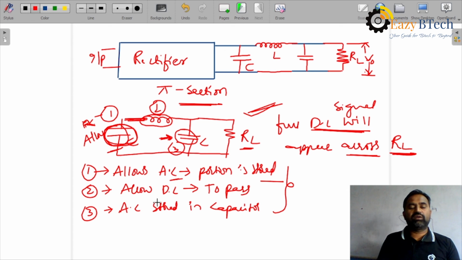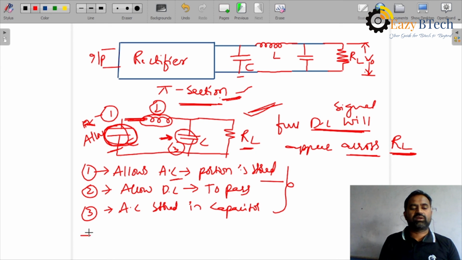Okay. Moreover, DC is completely gated to the output. Maximum DC signal is retained and maximum AC portion is suppressed using this pi section filter because of various stages.